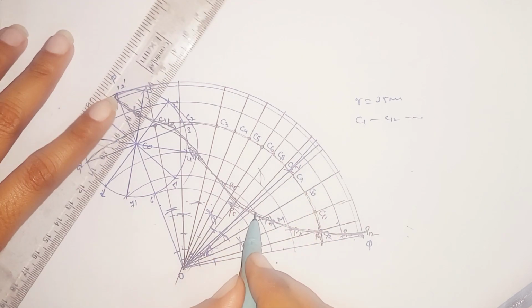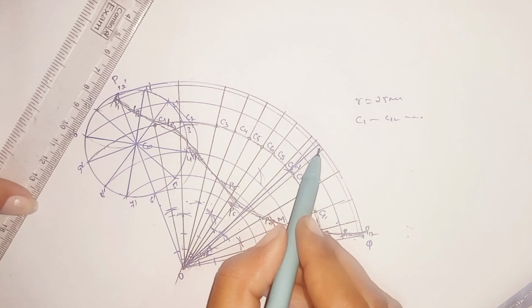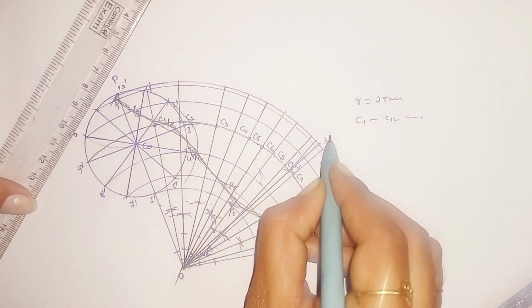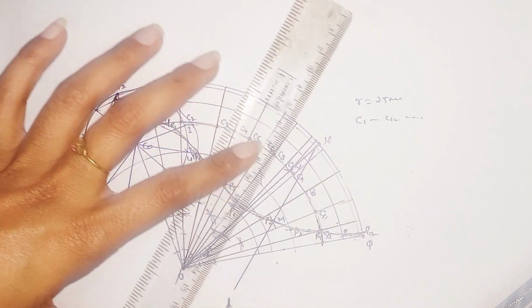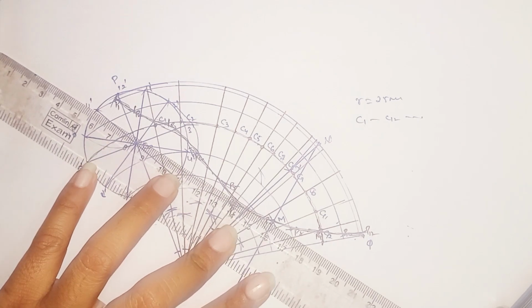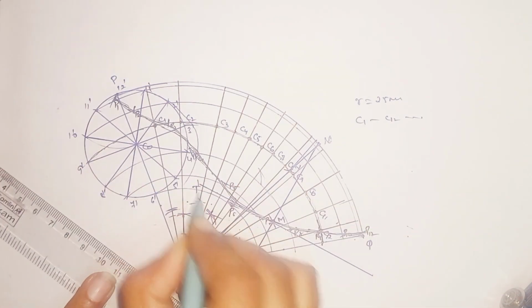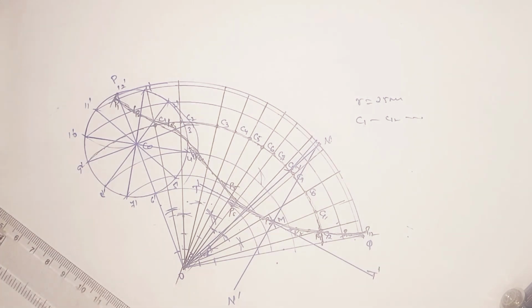Then extend the X to the PQ line, that point is the N point. Join N and M, that is the normal, and draw a perpendicular line, that is the tangent. This is the curve.